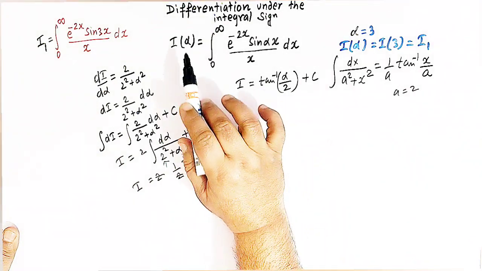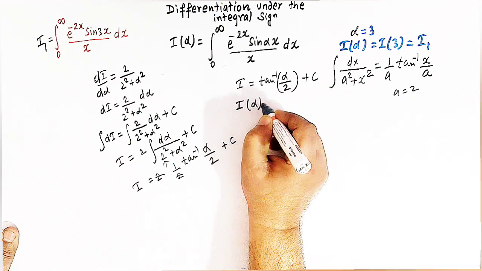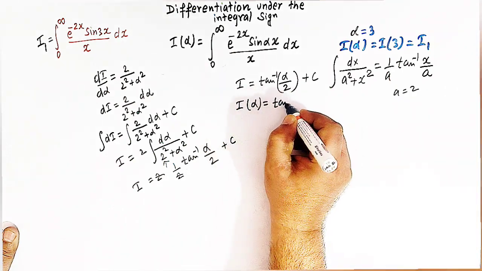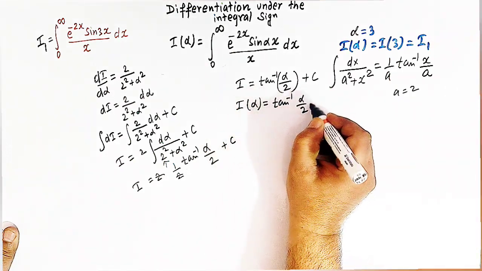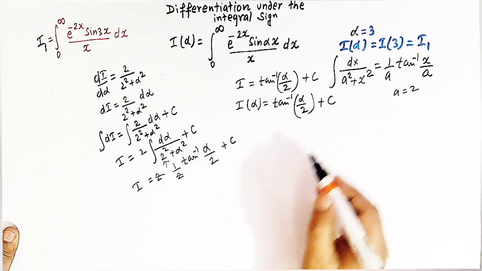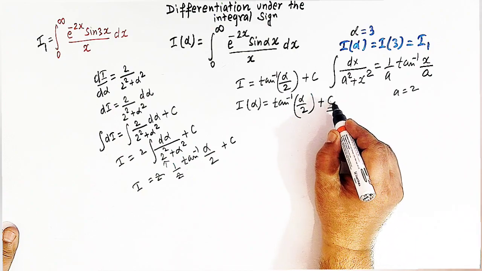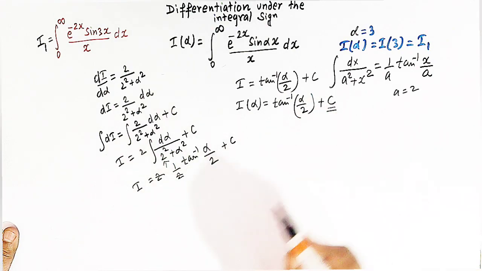So our integral I of alpha is now equal to tan inverse alpha over 2 plus c, right? So now our aim is to get the value of this constant of integration c by using the boundary conditions.